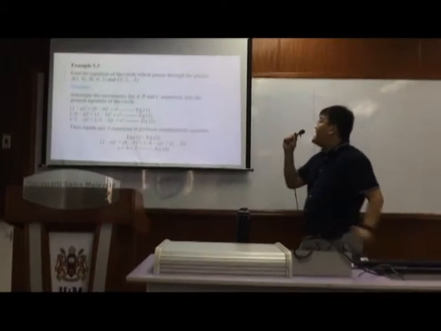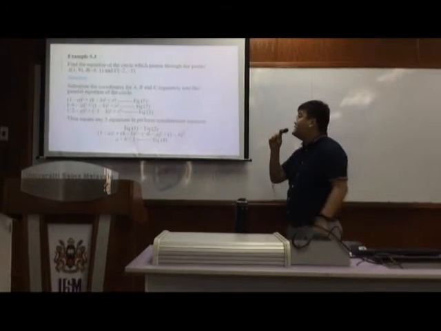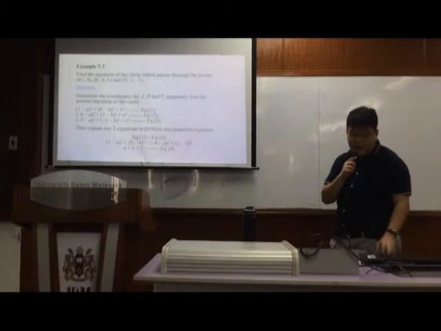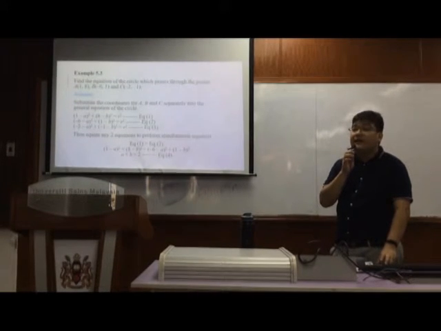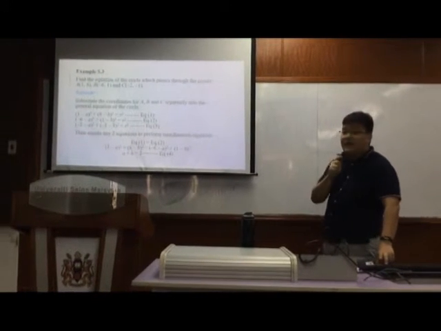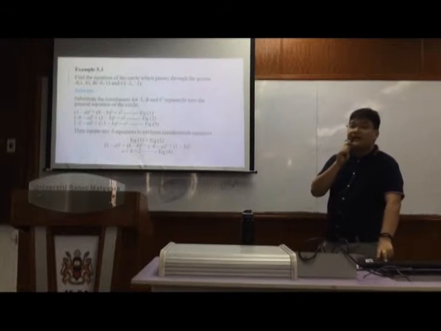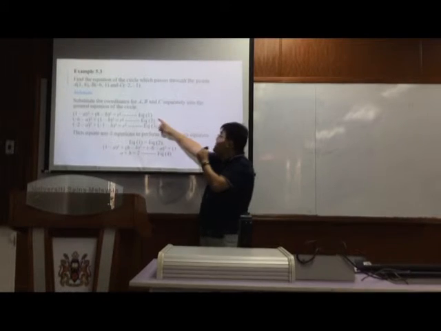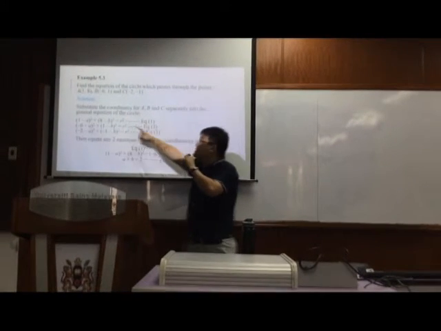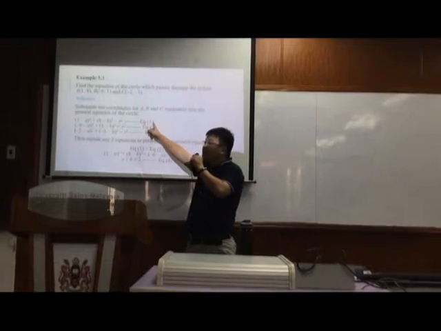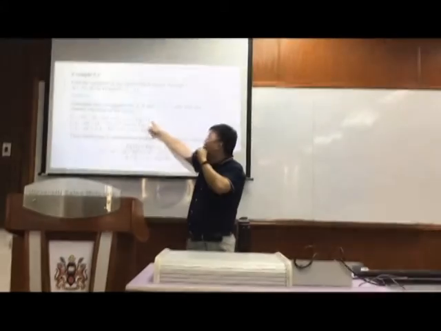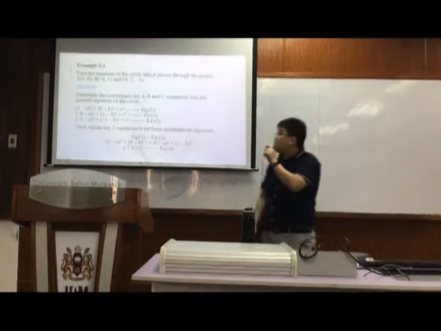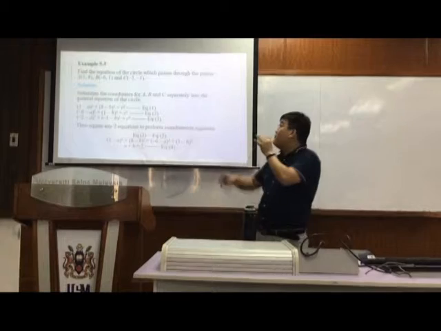Okay, so we know that the circle has these three coordinates, A(1, 8), B(negative 6, 1), and C(negative 2, negative 1). So what we can do here is we substitute each coordinate into the general equation for the circle. If we substitute A(1, 8) into the general equation, then we can obtain equation 1 as 1 minus a squared plus 8 minus b squared equals r squared.